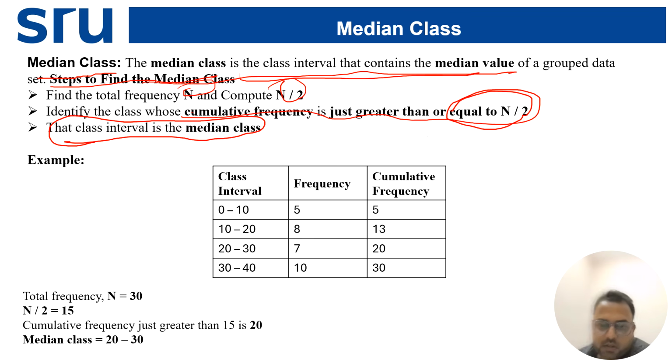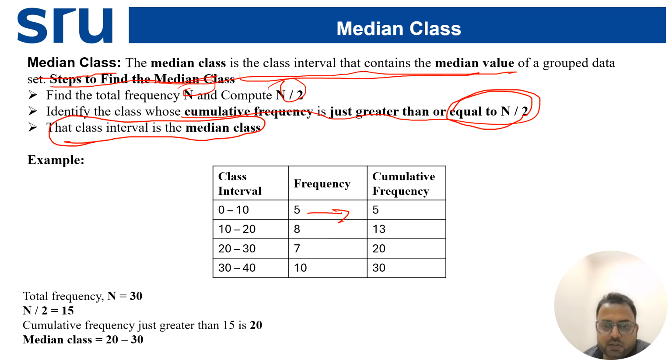Here in this example, the first class is 0 to 10, then 10 to 20, 20 to 30, 30 to 40, and frequencies are 5, 8, 7, 10. Cumulative frequency: take 5 as it is, 5 plus 8 is 13, 13 plus 7 is 20, 20 plus 10 is 30.